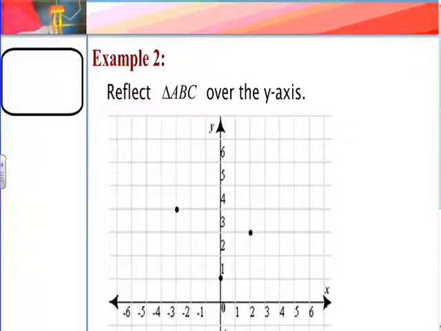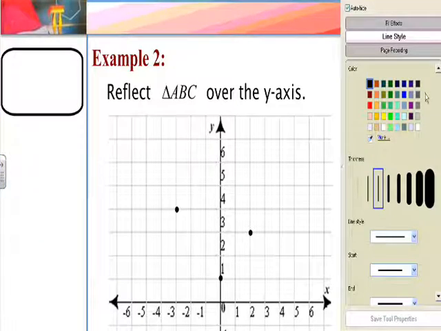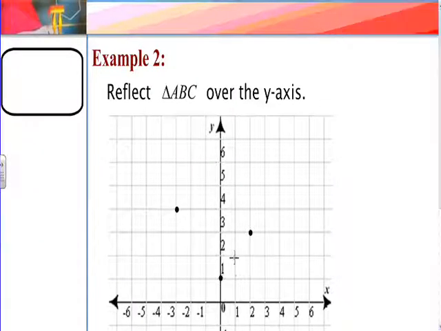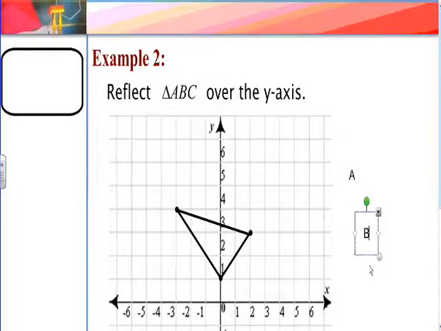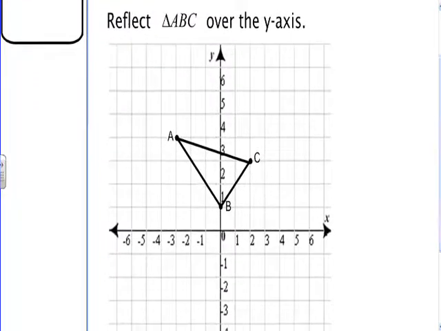And then connect the dots. There's our triangle. And then, of course, we want to label it A, B, C. All right, so bear with me here. A was there, B was here, and C was here. Now this part gets a little weird because we want to reflect this triangle over the y-axis.